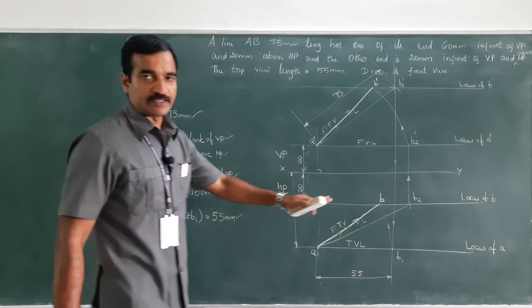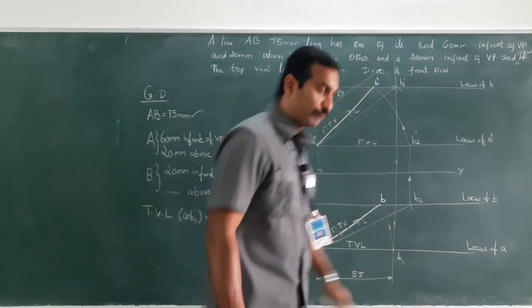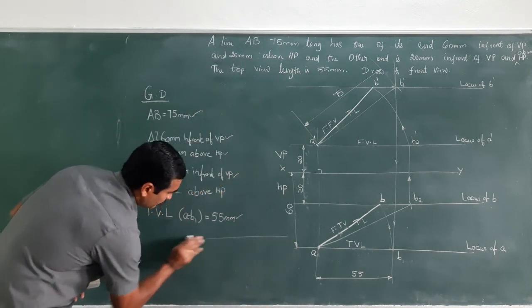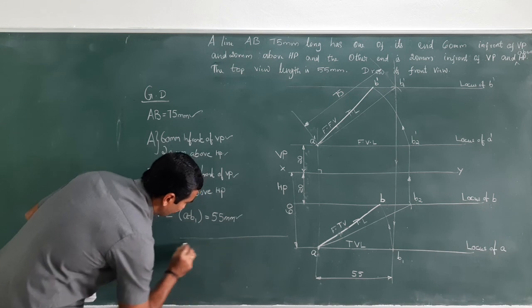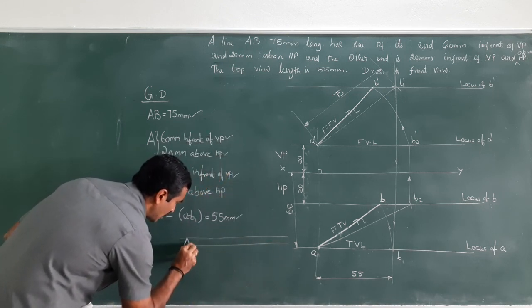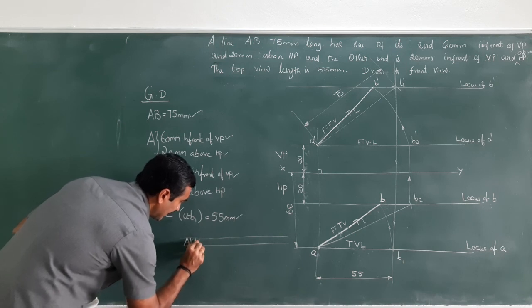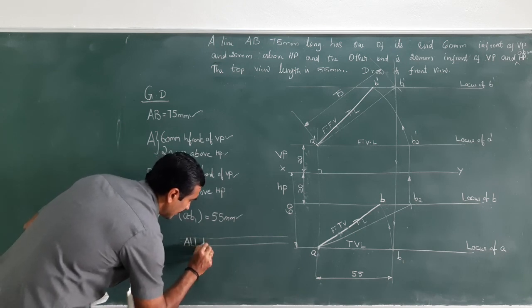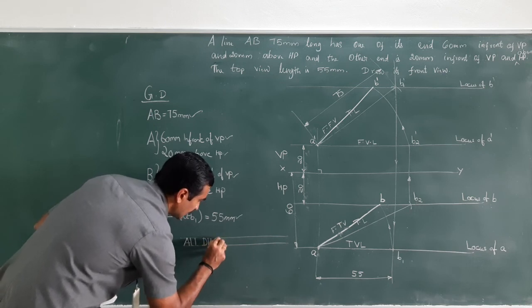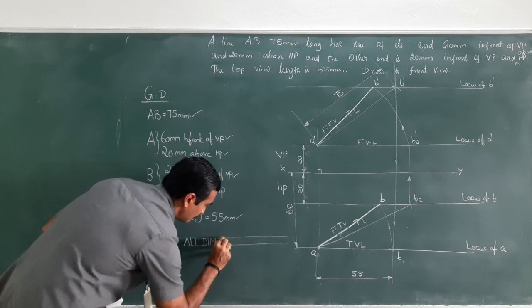Since I don't have sufficient space left here, let me just draw it here. So by opening the guideline of 5 mm: all dimensions are in mm. Whatever dimensions I consider here to complete the projection successfully, I consider the unit of dimension as mm, isn't it?